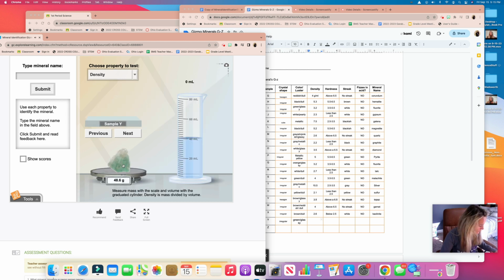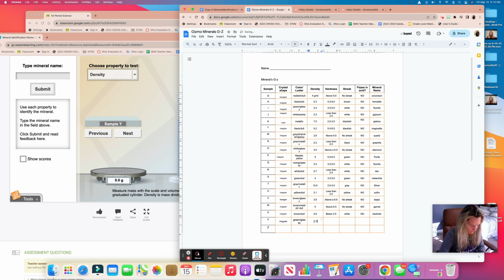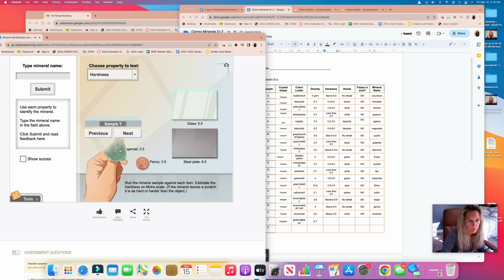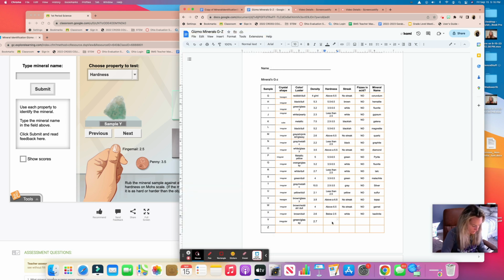We have 48.6 divided by 18. We have 2.7. All right, let's do hardness. So it scratches a nail, has to be harder than a nail, but does not scratch a penny. So it has to be between 2.5 and 3.5.